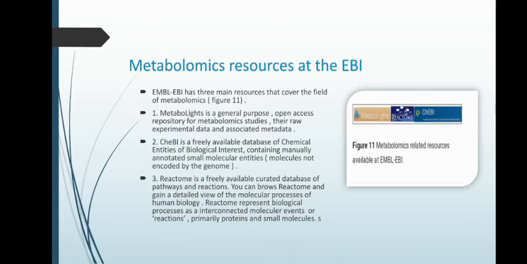The first resource is known as MetaboLights, which serves as a general-purpose open-access repository for metabolomics studies, holding their raw experimental data and associated metadata. The second resource is ChEBI.